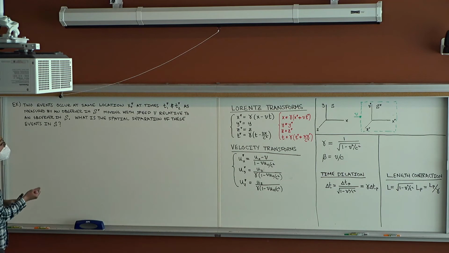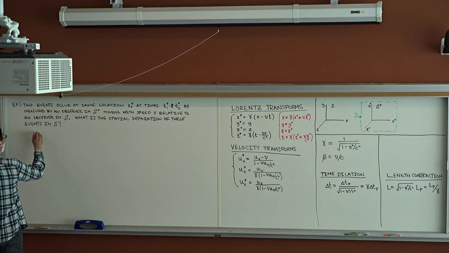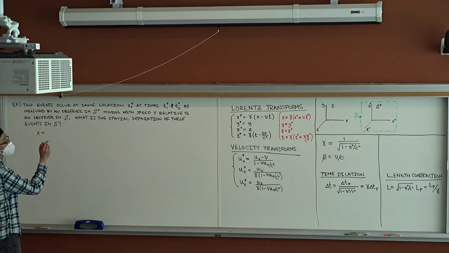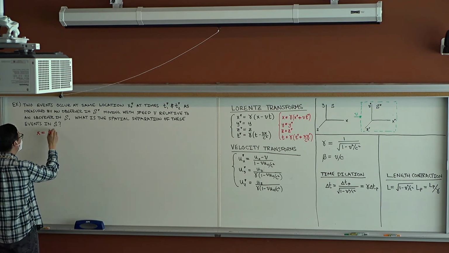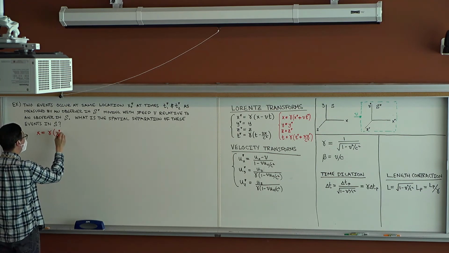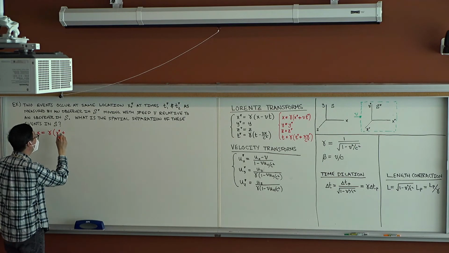So we're going to say that x is equal to gamma times (x prime plus v t prime).